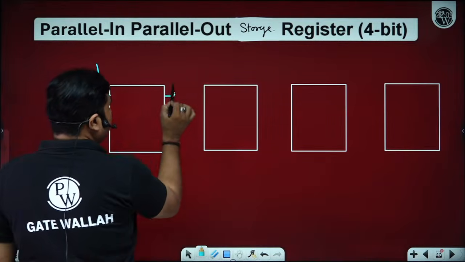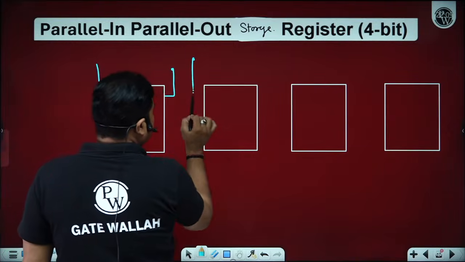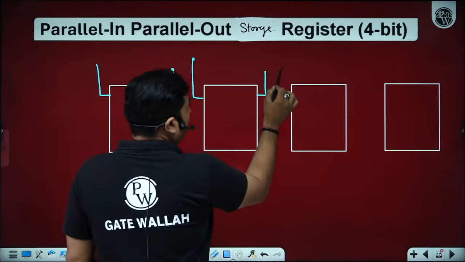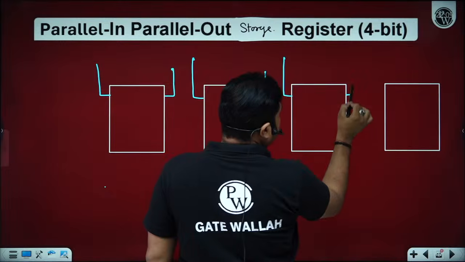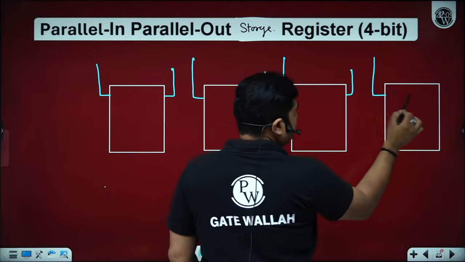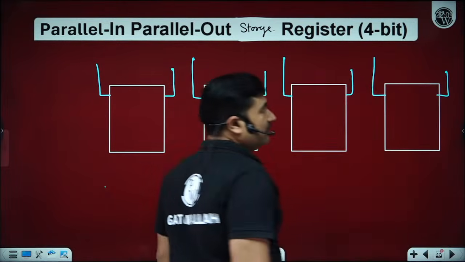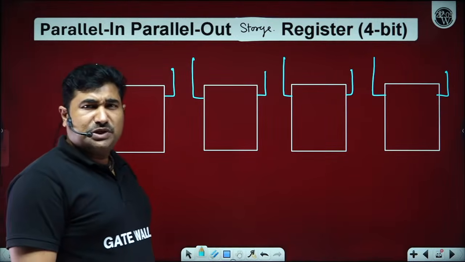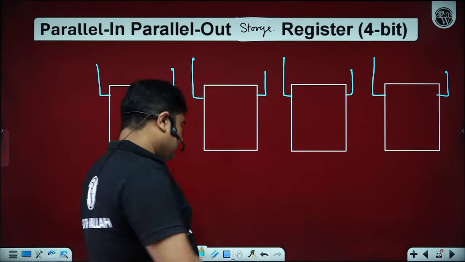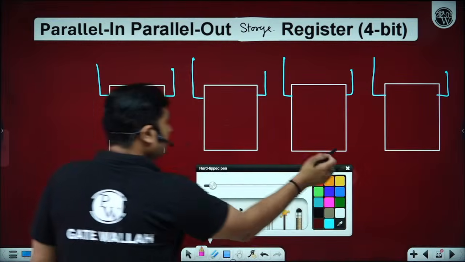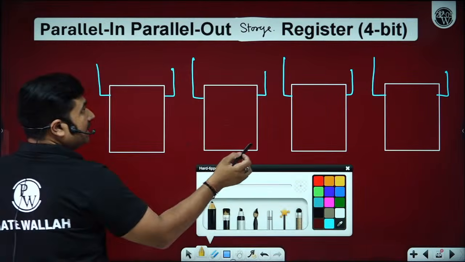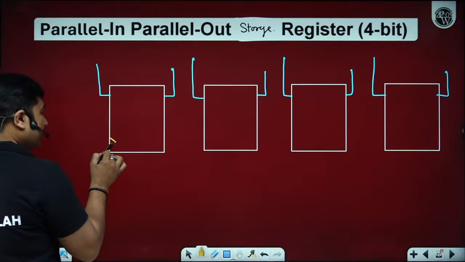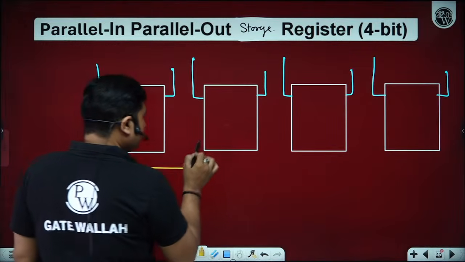That is why most of the time the question asked in competitive exams is: which among the following is not a shift register? So it is very easy to remember. And the fastest storage register used as storage is your PIPO, that is the parallel in, parallel out register.